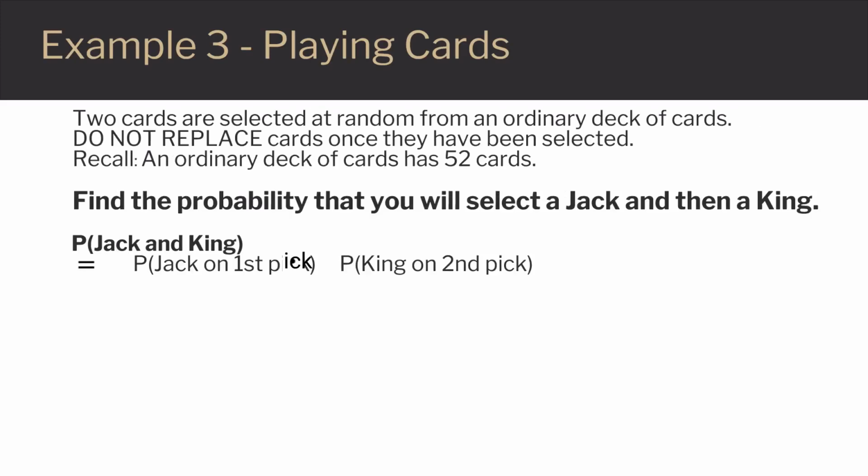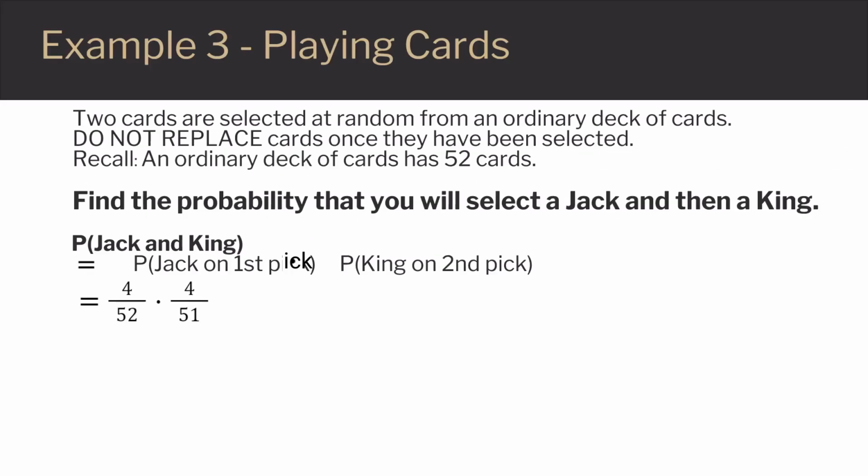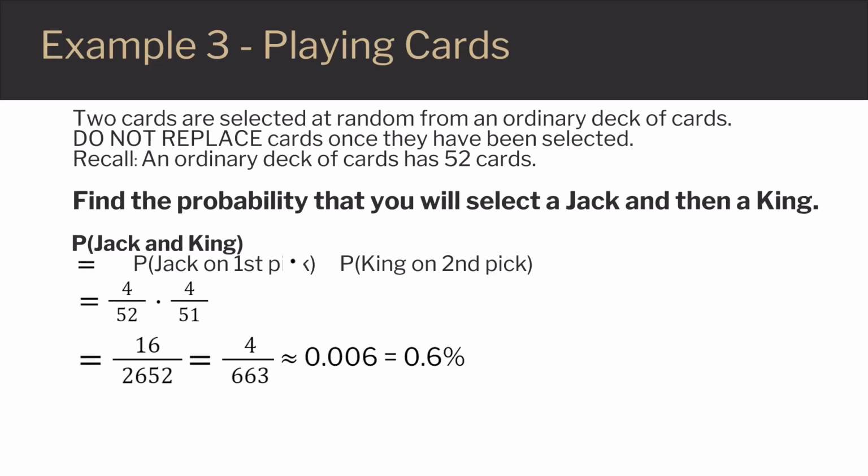For the second card, there are 4 kings in the deck, but we have to reduce the denominator to 51 since there are only 51 cards left. We multiply these together since we have an AND in the problem, and we get 16 out of 2,652. This works out to about 0.6%, which tells us that less than 1% of the time we'll draw a jack followed by a king.